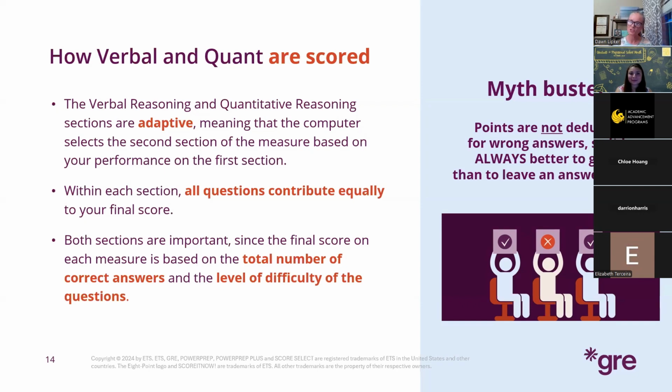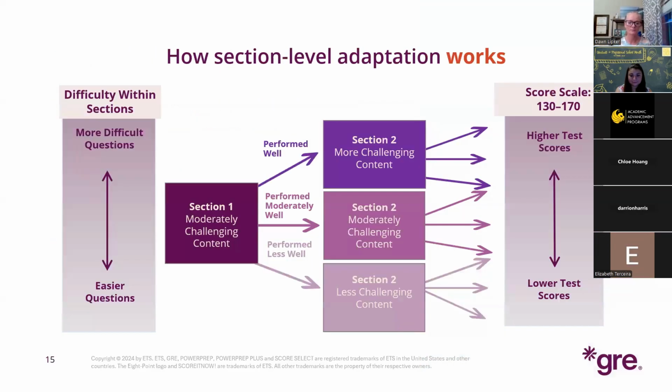Not deducted, but you can't get any points for it. I would always recommend taking an educated guess because you could possibly get it right and receive points for it. And if you do get it wrong, they won't be deducted. But please don't leave anything blank. Go ahead and take that best educated guess because it could work in your favor.